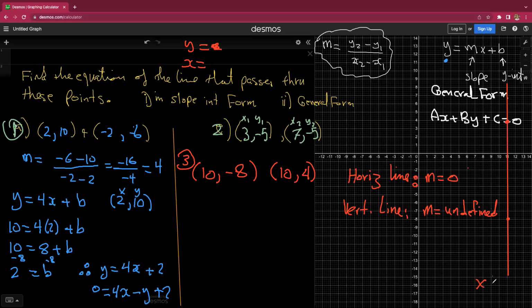So the equation of this line is X equals 10, because that's the variable that's not changing. And if X equals 10, the general form, you just move the 10 to the other side, becomes X minus 10 equals 0. So you're just looking for the value that's not changing, X or Y. In the vertical line, it's X that doesn't change.